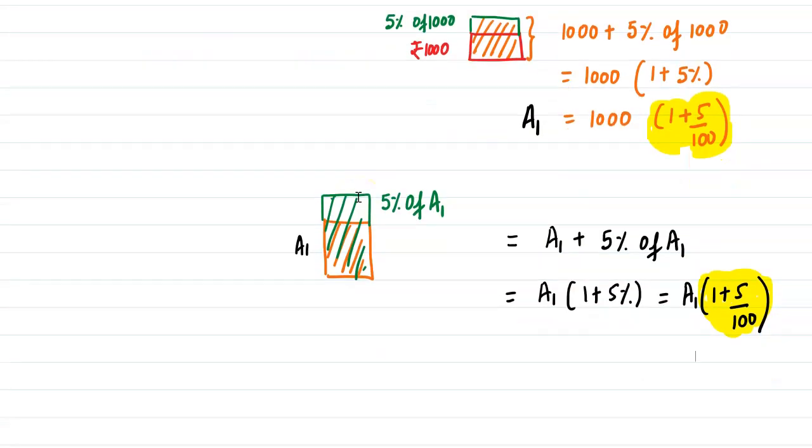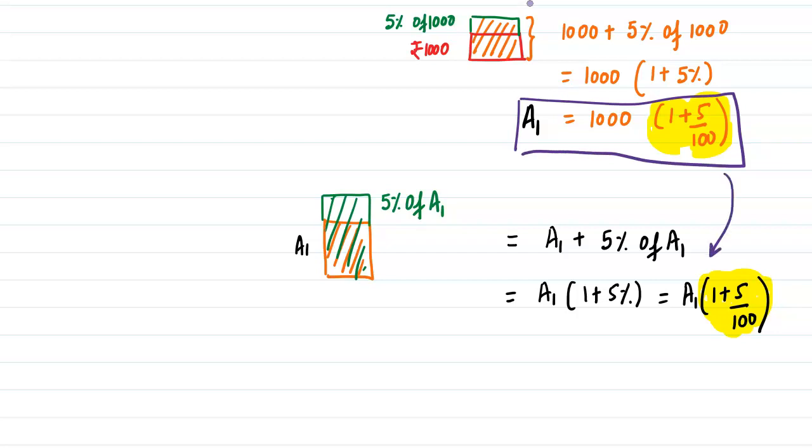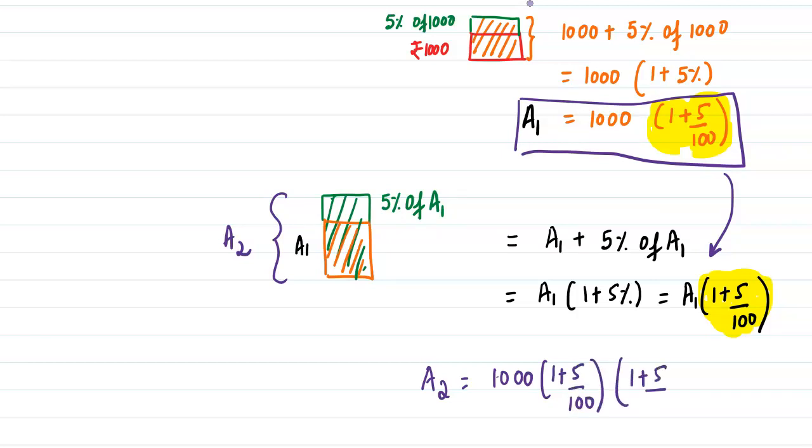If you substitute the value of A1 over here, A2, which is the amount for the second year, is going to be 1000, which was your initial investment, times 1 plus 5 by 100 times 1 plus 5 by 100.